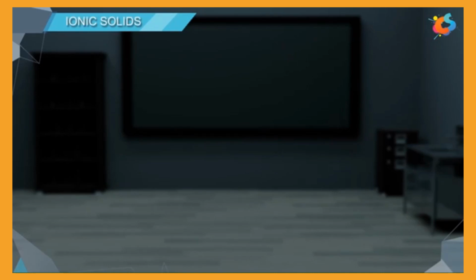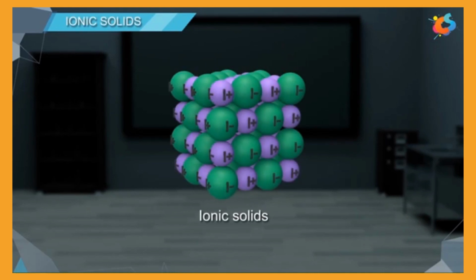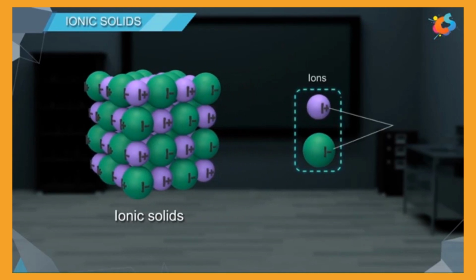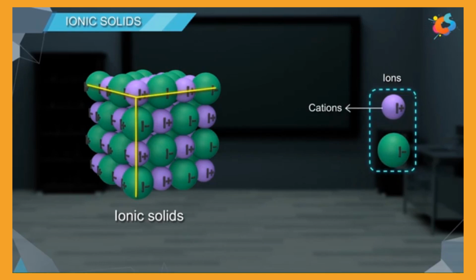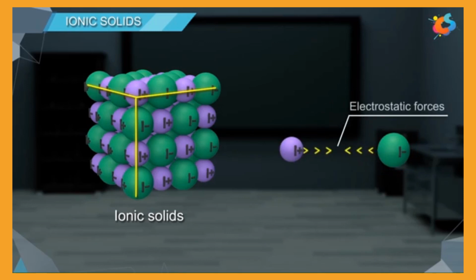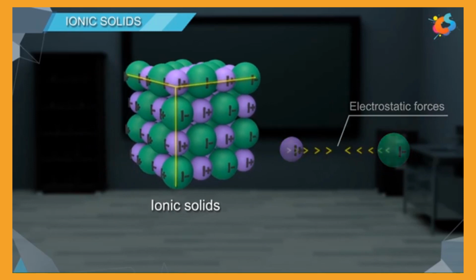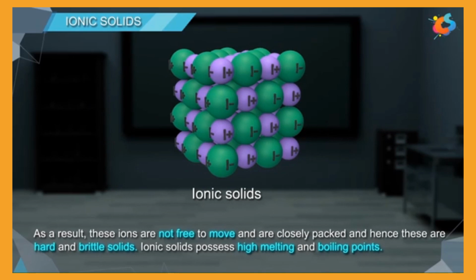Let us discuss ionic solids. In ionic solids, ions are the constituent particles. In these solids, there is a three-dimensional arrangement of cations and anions that are held together by strong electrostatic force of attraction. As a result, these ions are not free to move and are closely packed, and hence these are hard and brittle solids.